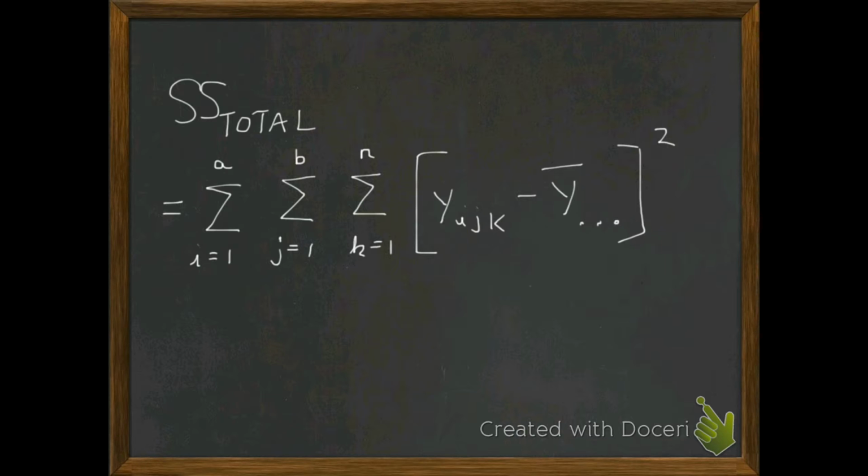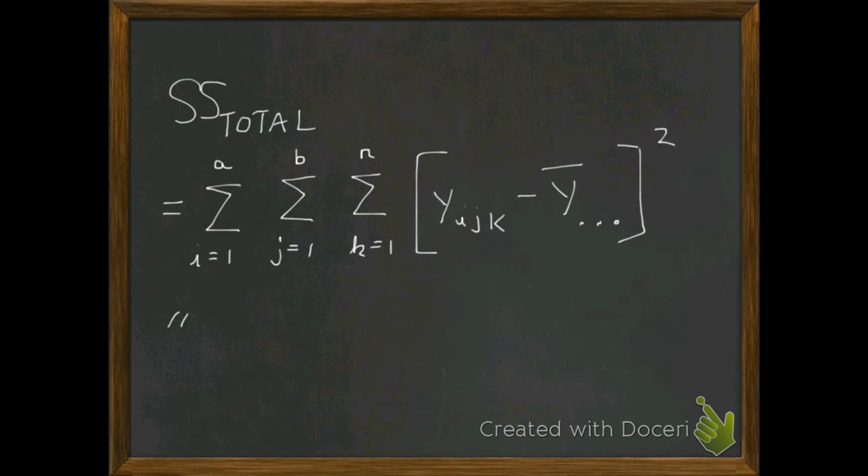So to find the sum of squares for total, we're going to use this. Now that's just ugly, okay? But really all that this is doing is taking the sum, and we're using, of course, multiple summations, so we'll need to review that.